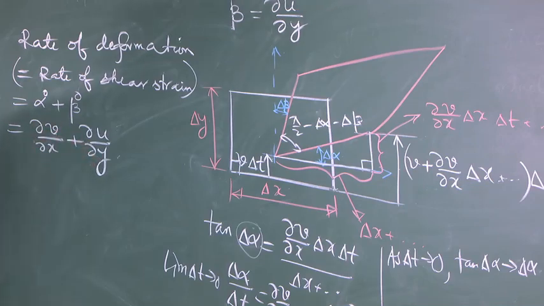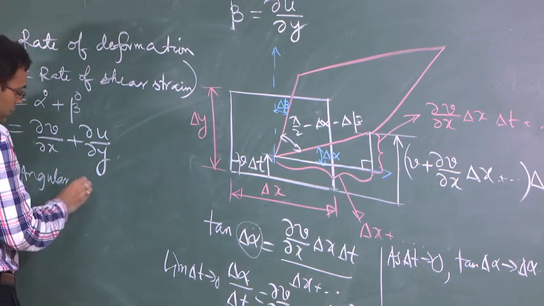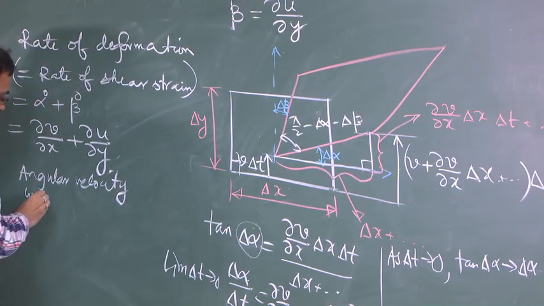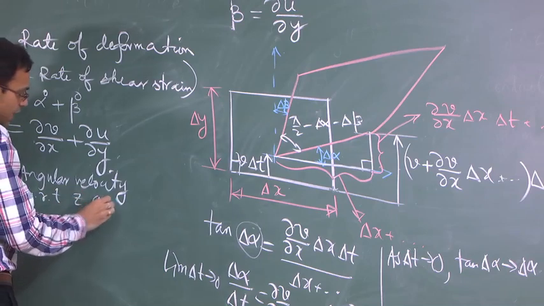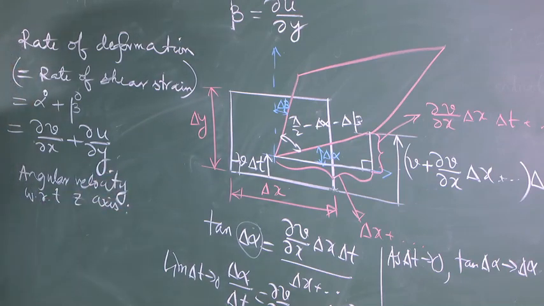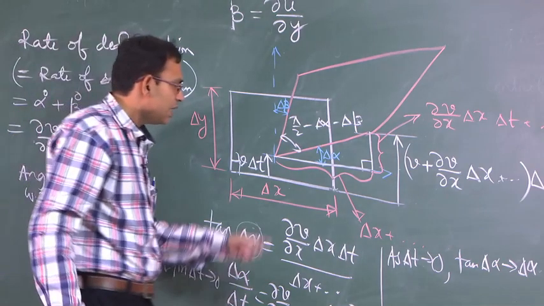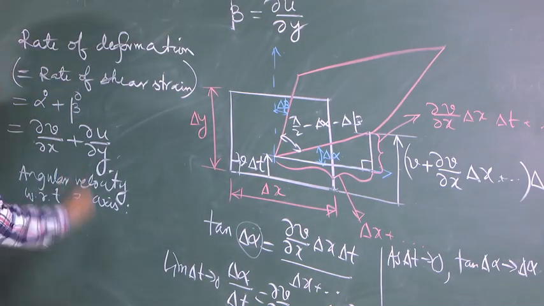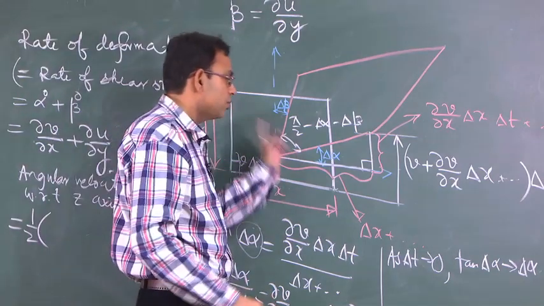The next definition is angular velocity. In the xy plane, the angular velocity component is with respect to the z axis. What is that? The angular velocity with respect to the z axis is essentially the average of the angular velocities of the two line elements that were perpendicular to each other.